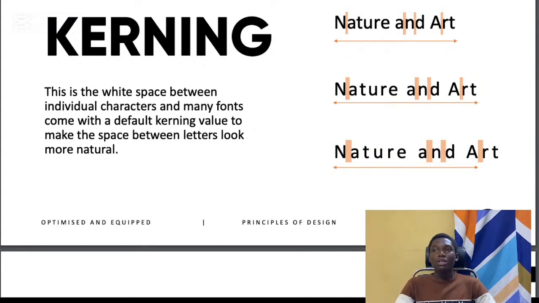If you are talking about a script font, they might also be deeply close to each other. But with some other stylish fonts, they might be far apart, and you might need them to be in that line. This is the white space between individual characters, and many fonts come with a default kerning value.